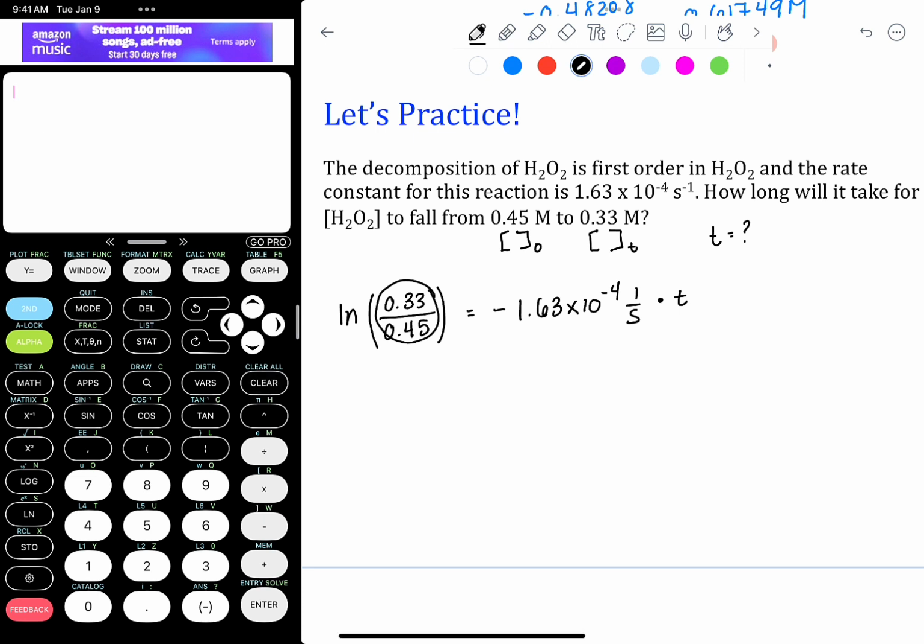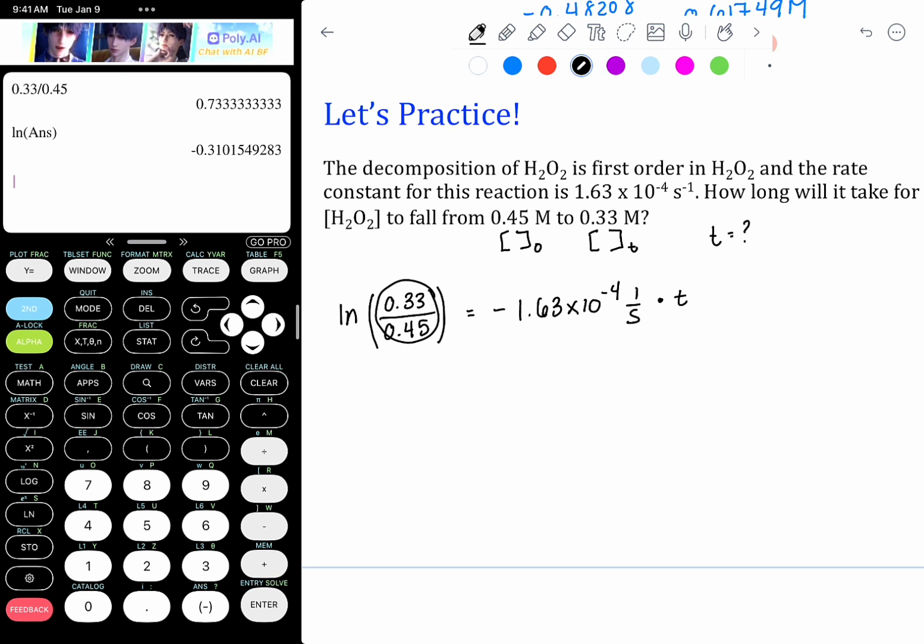So we could do this one of two ways. You could take the ratio first, 0.33 divided by 0.45, and then you can take the natural log, not the 10 log, the natural log of that number. Or you could type in, and make sure you use your parentheses correctly, natural log of 0.33 divided by 0.45.